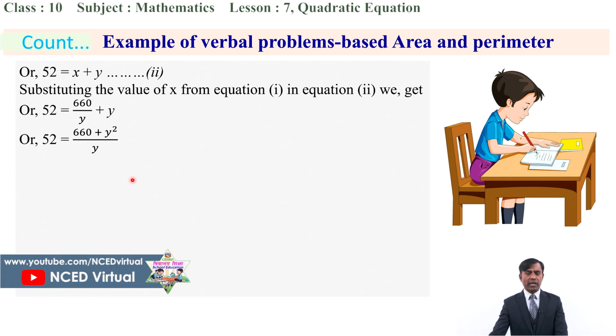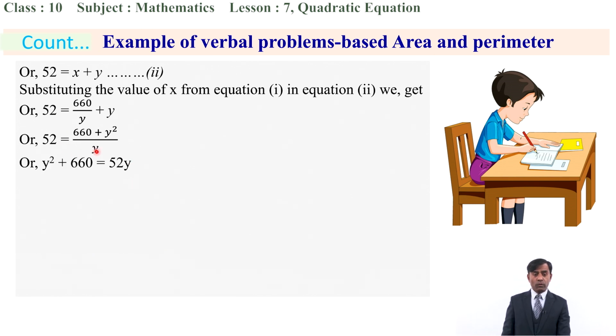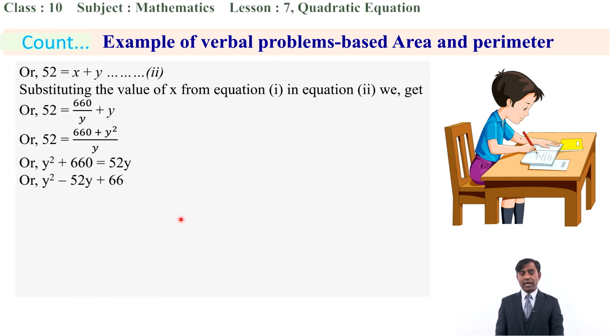Then cross multiplication, y multiplied by 52. This gives y square plus 660 is equal to 52y. Then transposing 52y from RHS to LHS, the sign becomes negative. So y square minus 52y plus 660 is equal to 0.